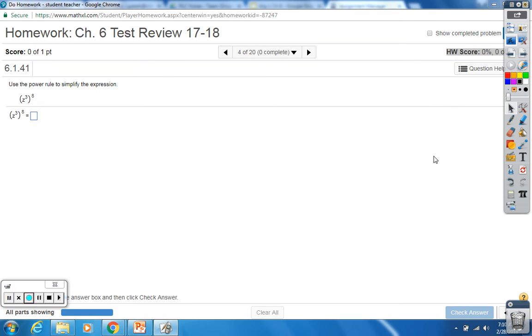Alright, so let's get started on this next one. Alright. So in this one here we got z to the 3rd, and all of that in parentheses, to the 8th. Alright, and in this one we would be making use of the power rule, and that's the one where if we're taking an exponent to an exponent, we're going to have to multiply those exponents.